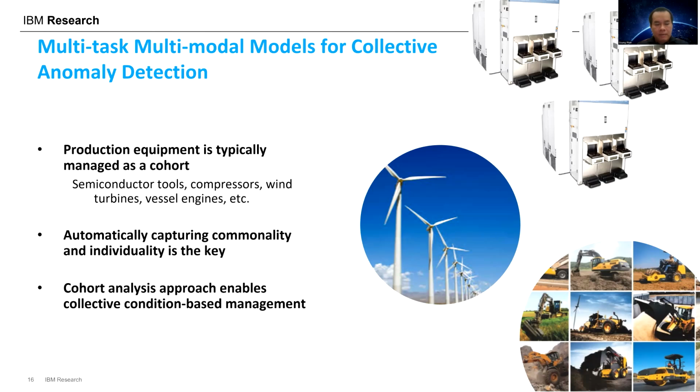For example, in semiconductor manufacturing, we have many tools, and they operate in quite similar conditions. Also, like wind turbines, they can operate as a cohort, and they can share much in common in the data.